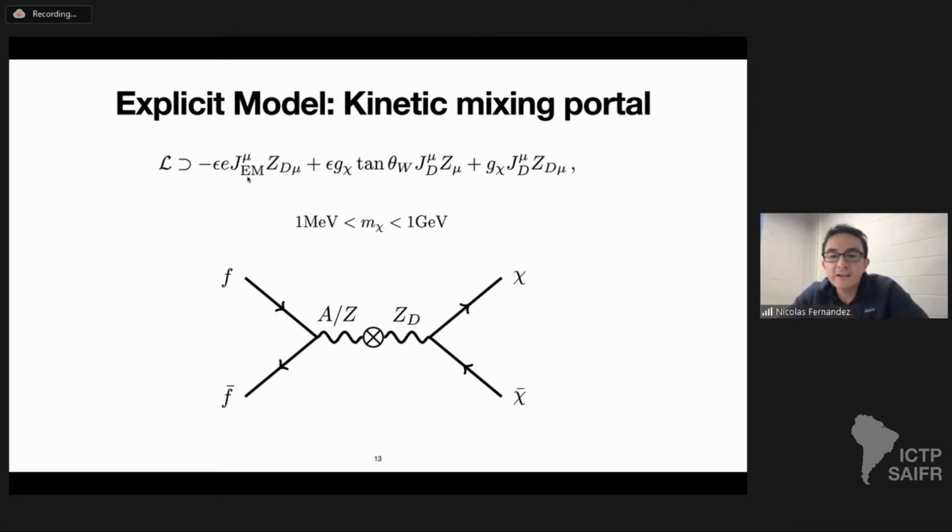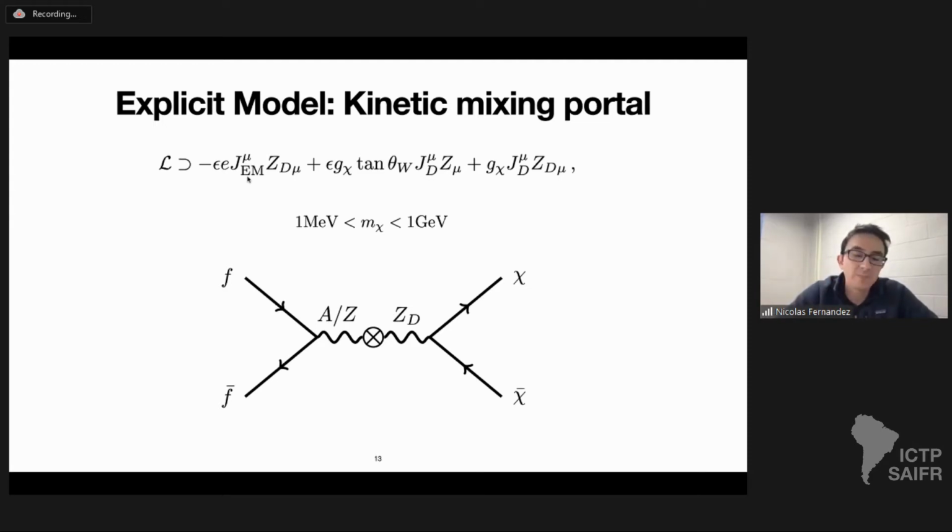The reason is that for masses less than 1 MeV, what is going to be important is dark matter coming from plasma decays, and above 1 GeV the decay of the Z boson to a pair of dark matter is also important, even though our calculation has included the Z decay.